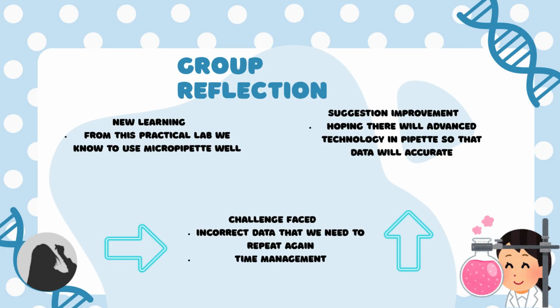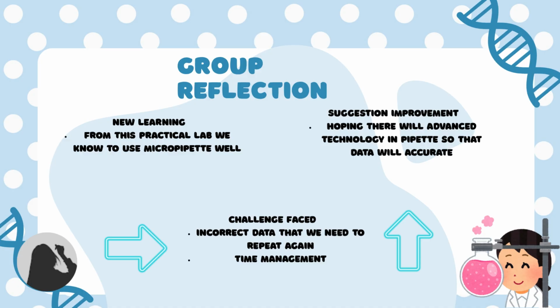Throughout all of the experiments, we have learned a few new things. From this lab, we know how to use micropipettes well. And if it is not used in the proper way, it may impact the data and the accuracy of the data will be compromised. In this practical, we also faced incorrect data that we needed to repeat again, and we had to face time management too because the time provided for us is very limited.